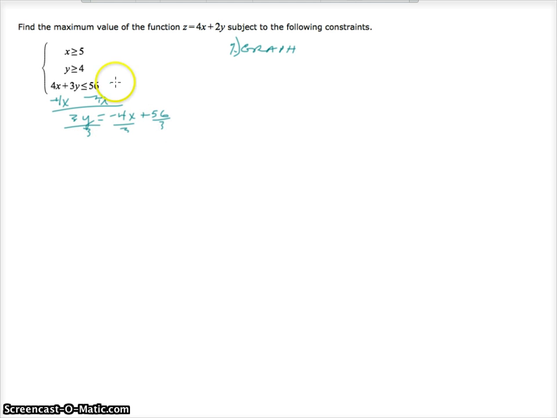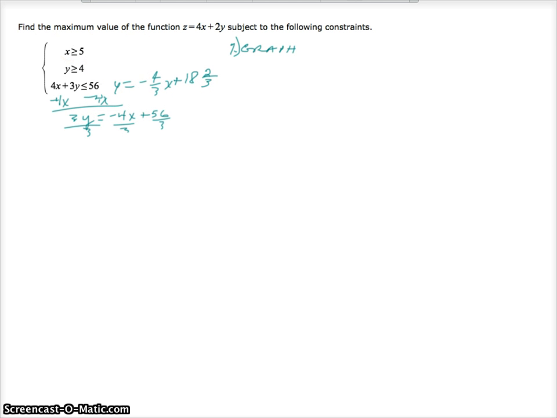Divide by 3. So y equals negative 4/3 x. 56 divided by 3 is 18, with 2 left over, so we have 18 and 2/3.